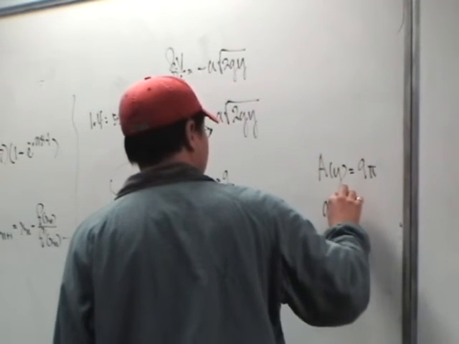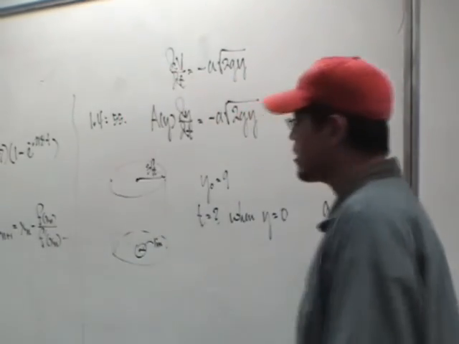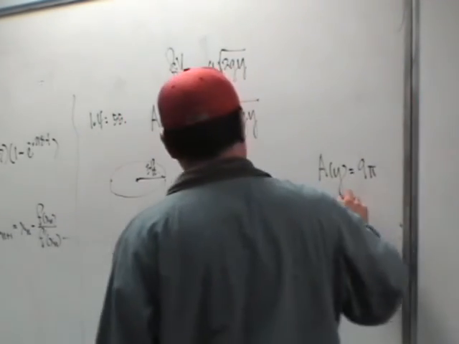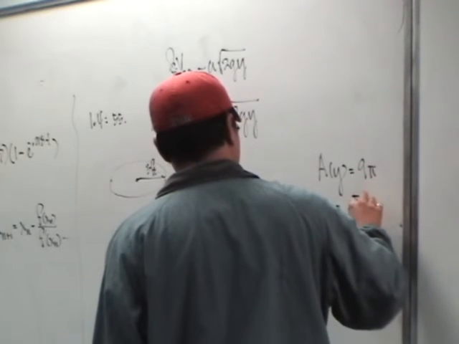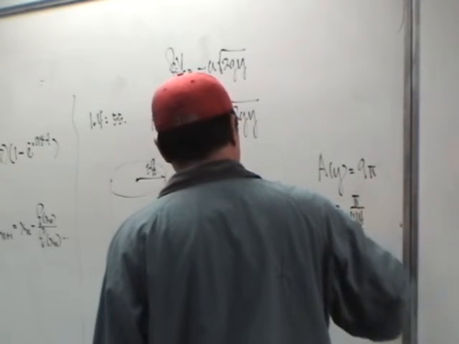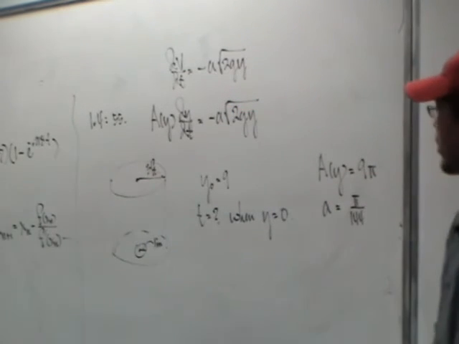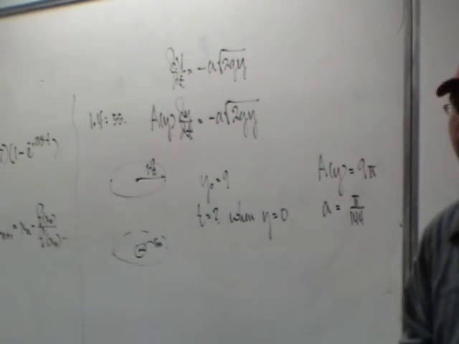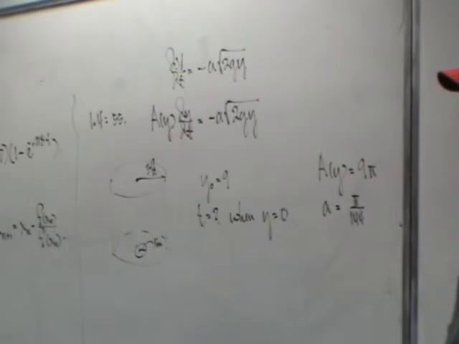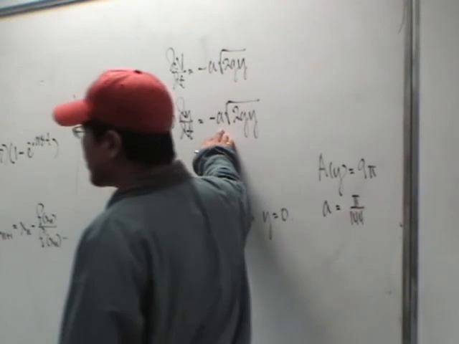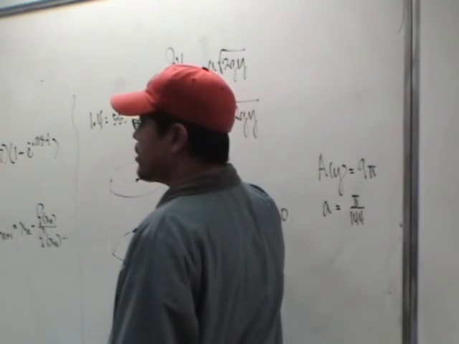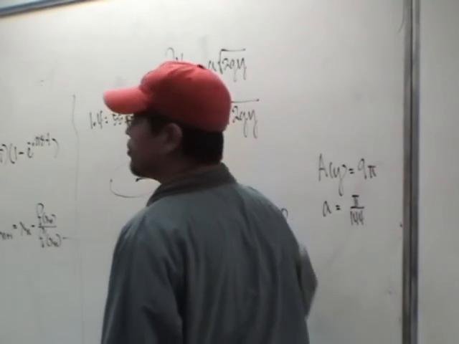Now lowercase a, the little drain hole, is what? Pi over 144, right? Because it's 1 inch radius, which is 1 over 12 feet. So pi over 144. So you put these values in here and solve this differential equation, which is separable, by the way.